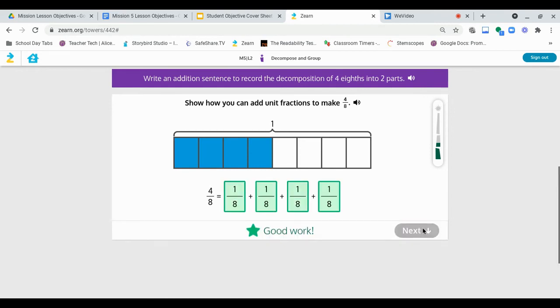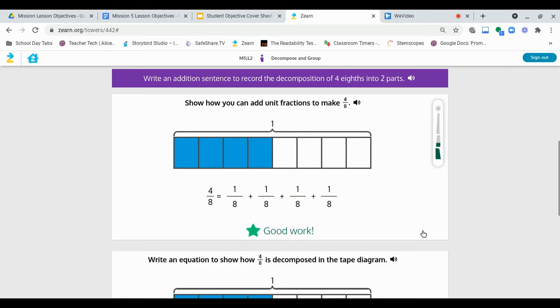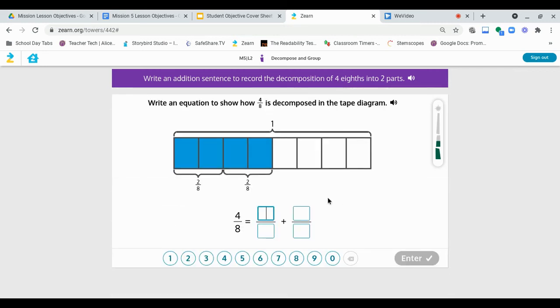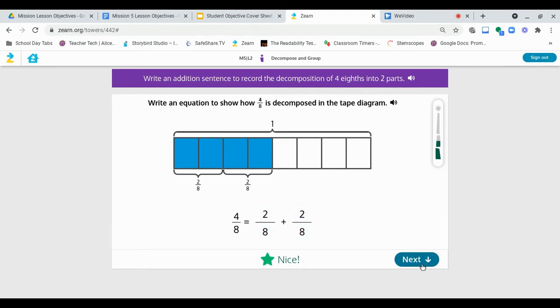Good work. Now they bracketed it, and it says write an equation to show how 4/8 is decomposed in the tape diagram. They put 2 of them together, so they have a 2/8 and another 2/8. So it wants us to say 2/8 plus 2/8 equals 4/8. Nice.